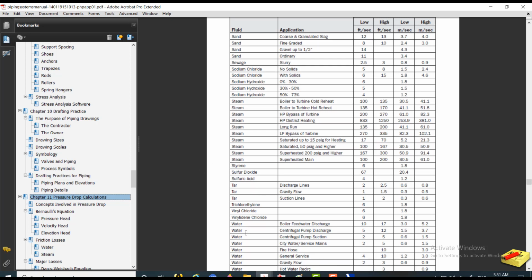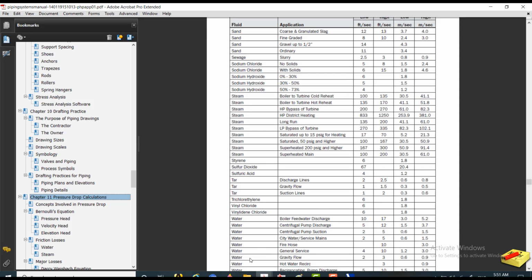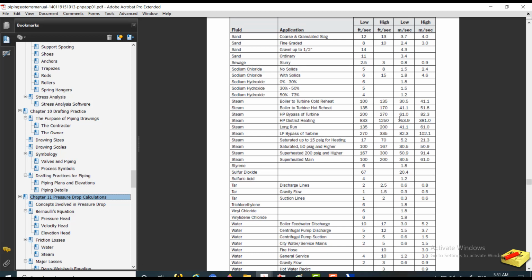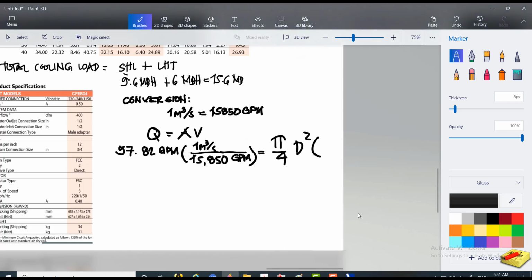So from the piping system manual, for water general services, we have the low value. So let's try to use this one. That will be 1.2 meter per second.